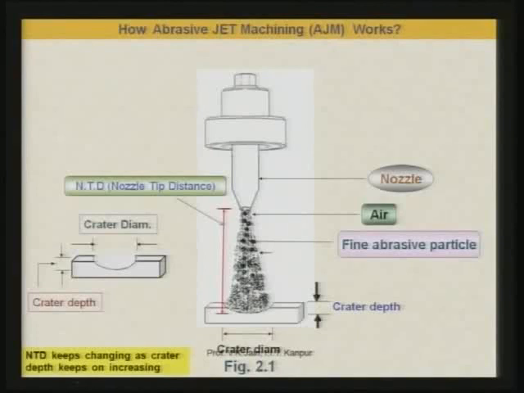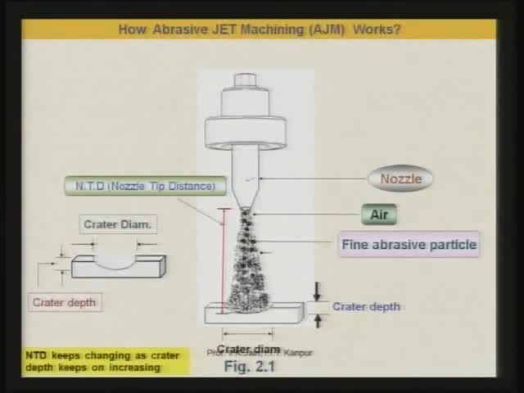Here you can see a nozzle through which a mixture of air and abrasive particles is coming out. In place of air, you can have some other gas also. Now, here you can see the distance between the tip of the nozzle and the workpiece surface, where the abrasive particles are hitting the workpiece surface.